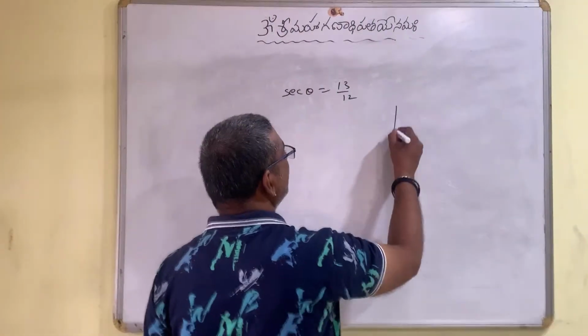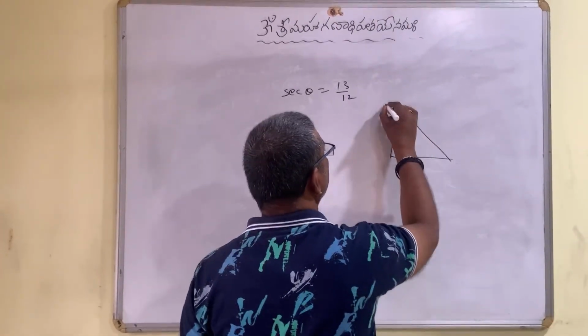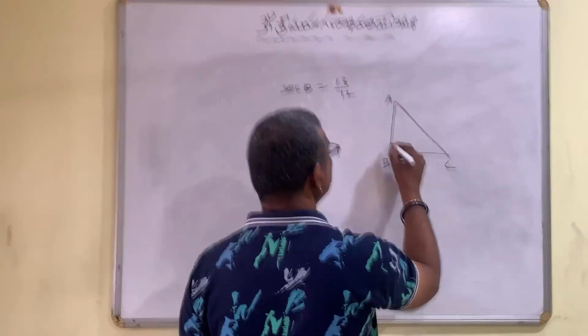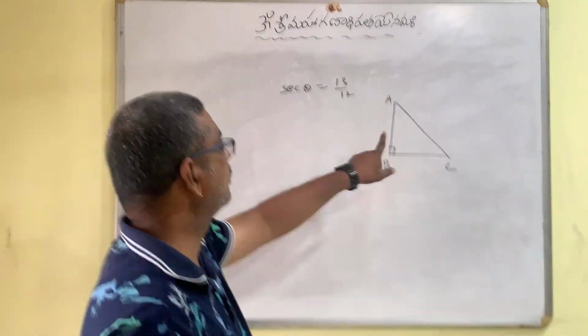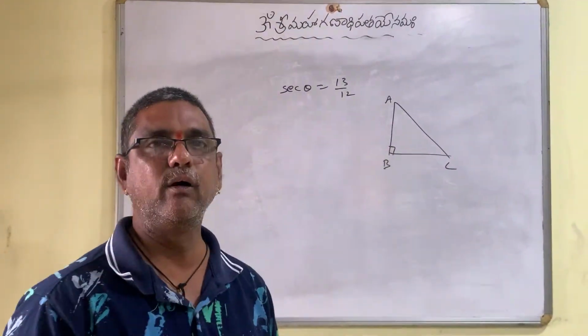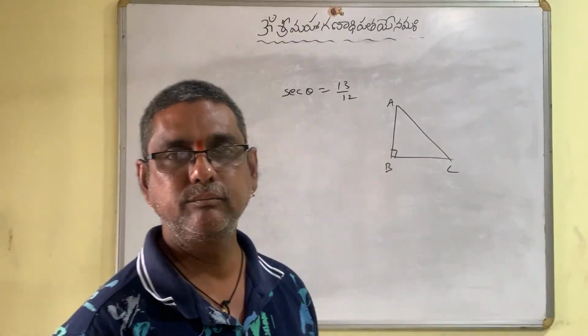Suppose there is a right triangle ABC, right angle at B, and we don't know these two angles, angle A and angle C, but they are acute.